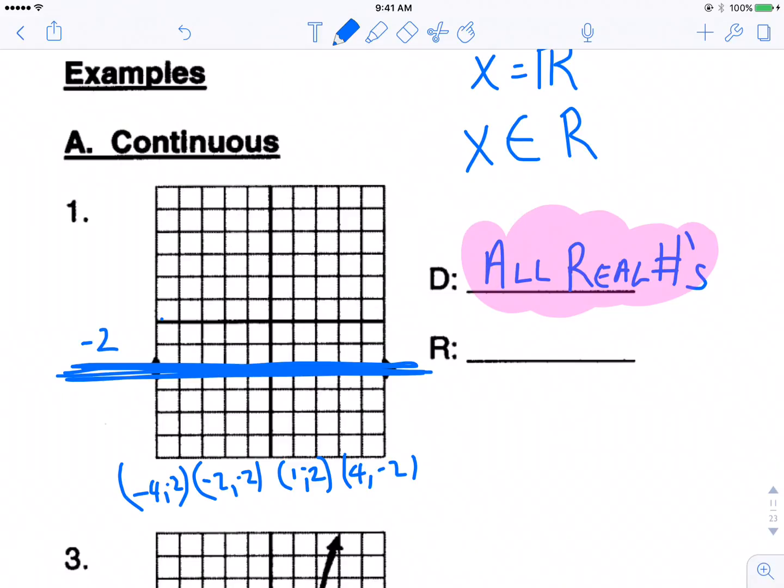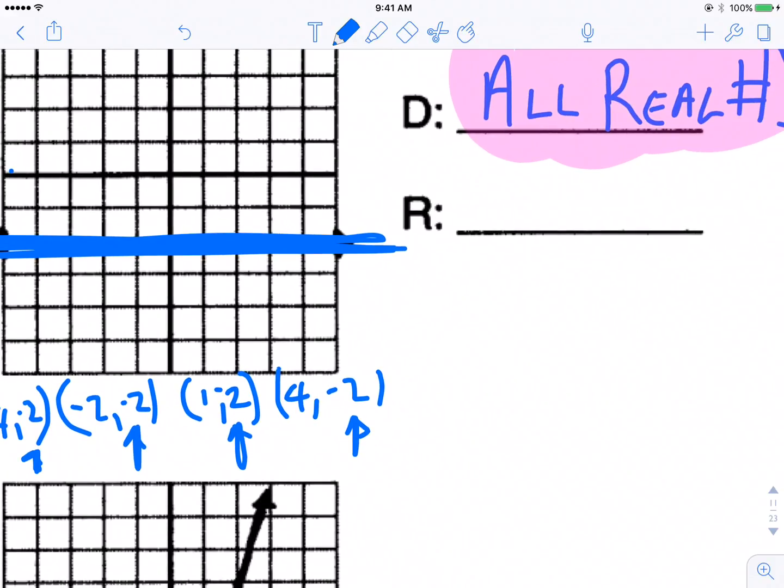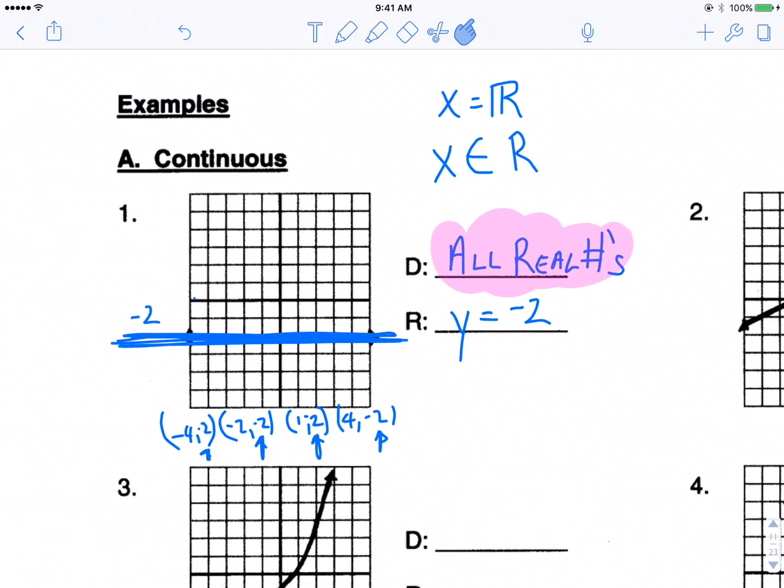You can see that from our list of ordered pairs: -2, -2, -2, -2. Can this graph have any other y value? No, it can't. So our range is y can only be -2. And that's simply put as our range.